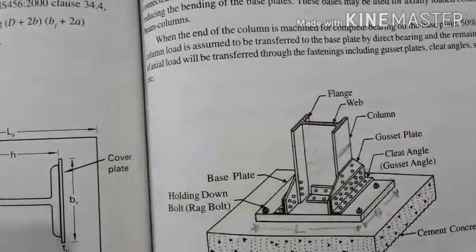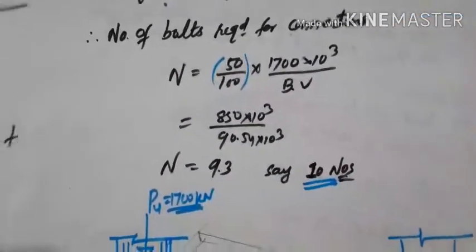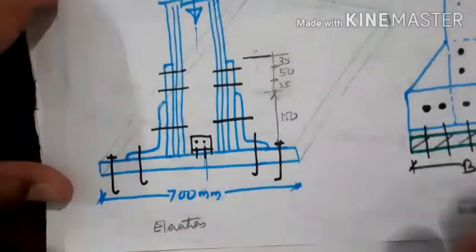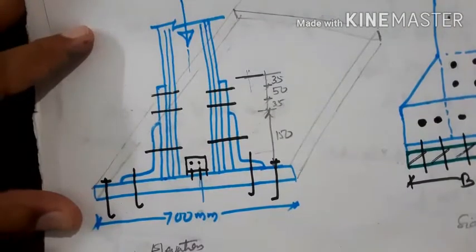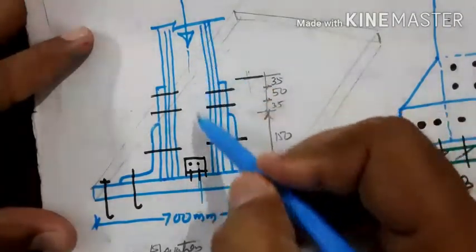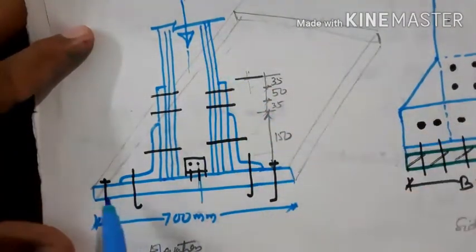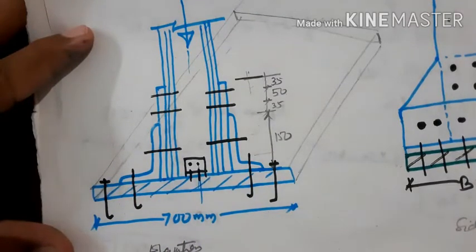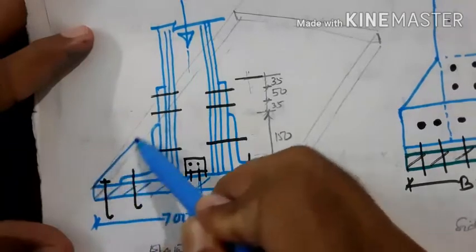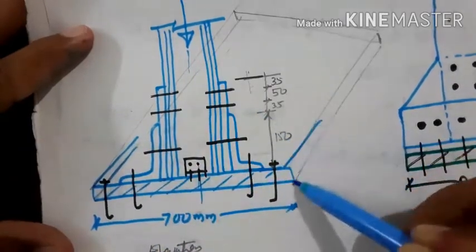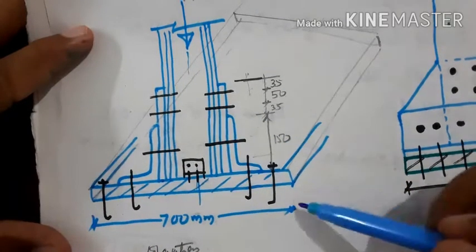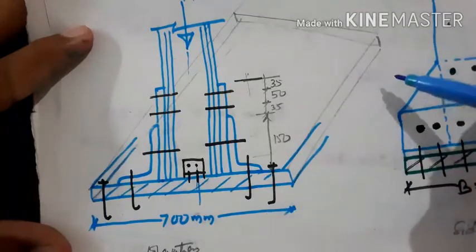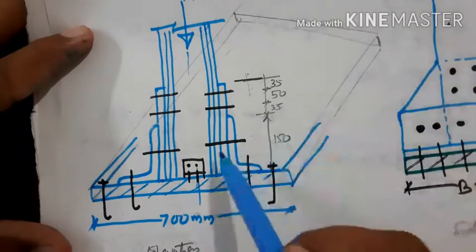So now you have to draw this figure. I got 10 bolts, so now you have to arrange the bolts like this. Draw this gusseted base. This side I know is 700, then it will go like this. This side will be the B width, then 5 bolts.